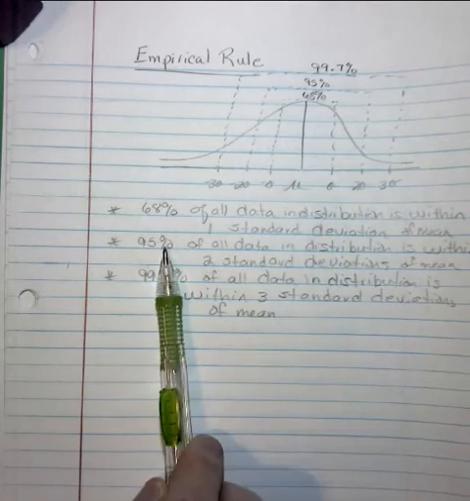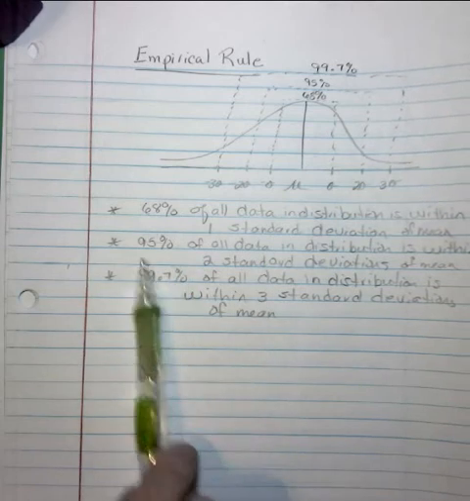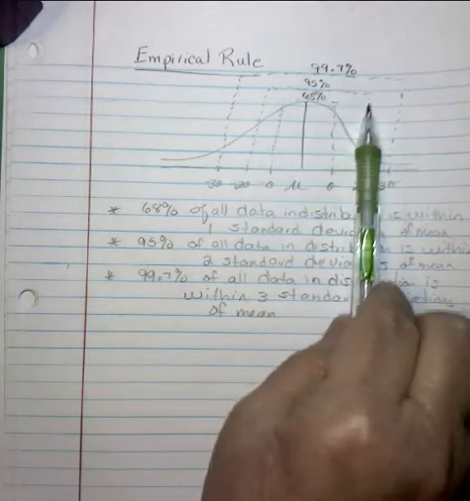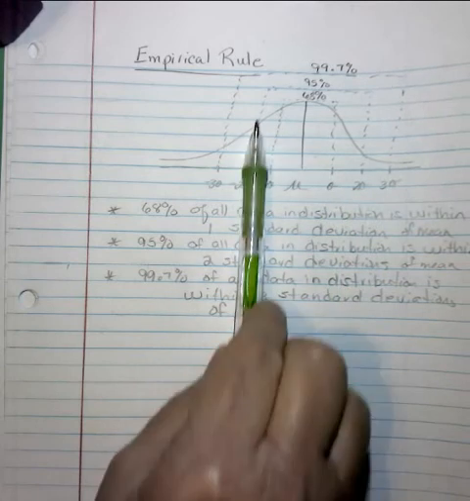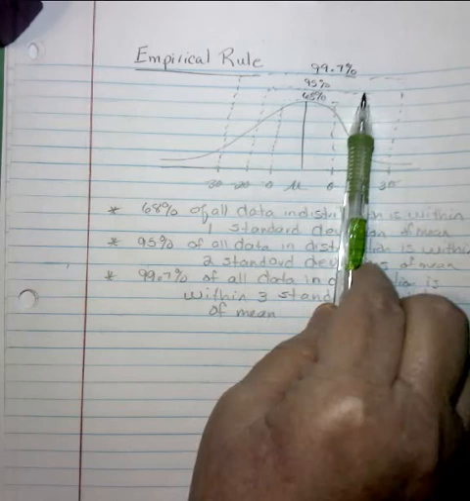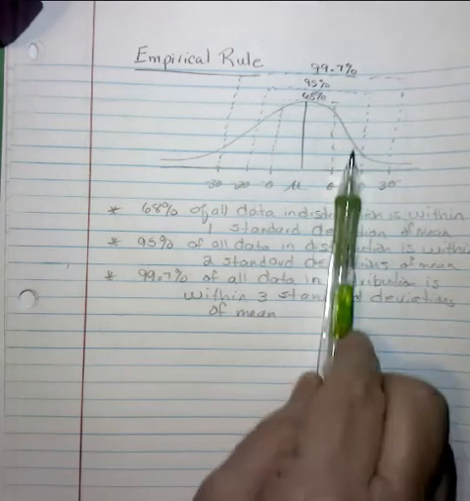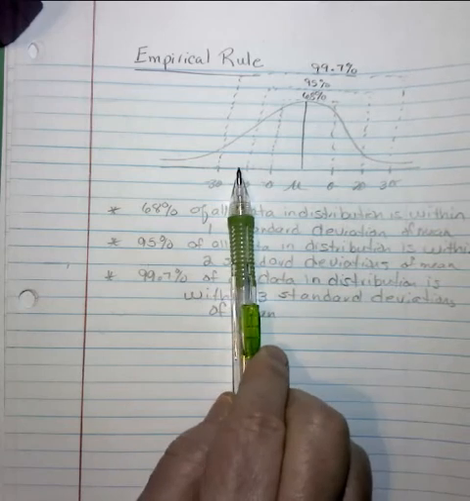If we go 2 deviations away, we're going to encompass 95% of all the data. So that's to this dotted line representing 2 standard deviations away from the mean. That will represent 95% of all the data. And you see that does encompass just about all of the big hump of our distribution.